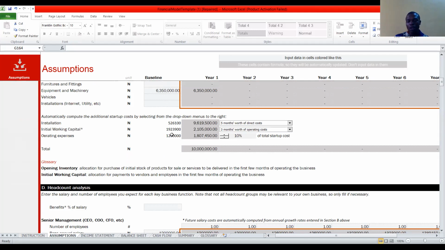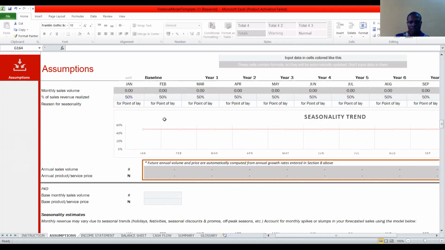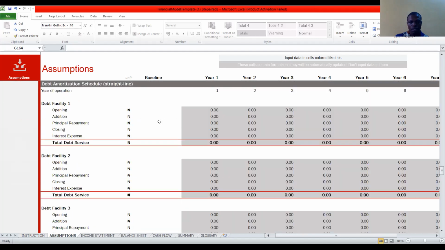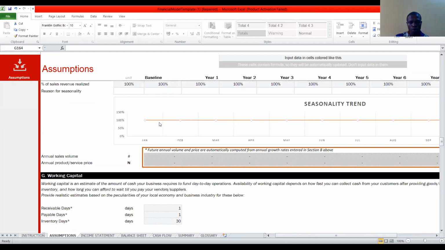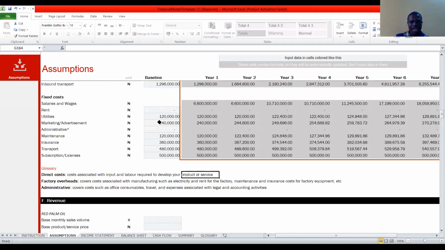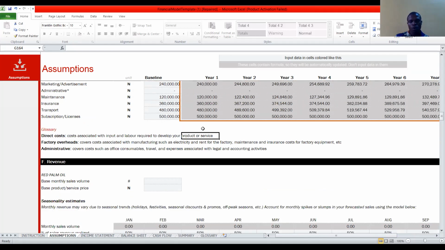Because of the way the template was programmed, since it is not editable, professionally, what we could have done is NAFDAC comes in year 1, then subsequent years should be 0. But the way the template is programmed, that is not doable. So I am going to remove NAFDAC here.